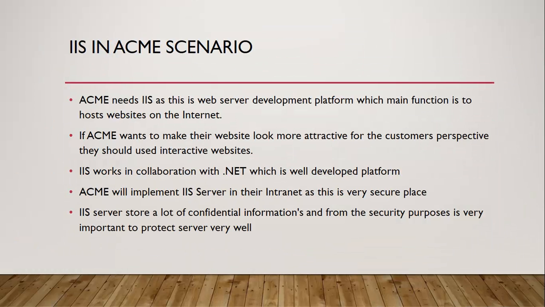Internet Information Services works in collaboration with .NET, which is a well-developed platform. Acme will implement Internet Information Services in the intranet as this is a very secure place. Internet Information Services server stores a lot of confidential information, and for security purposes it's very important to protect the server very well.